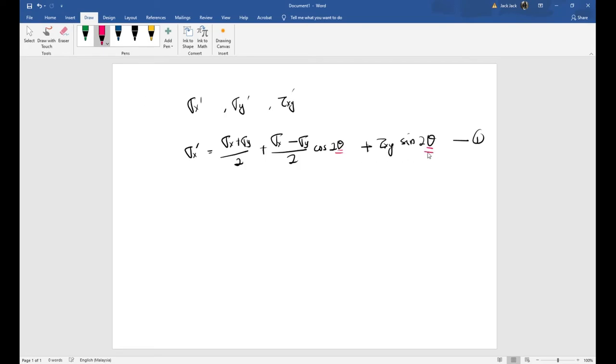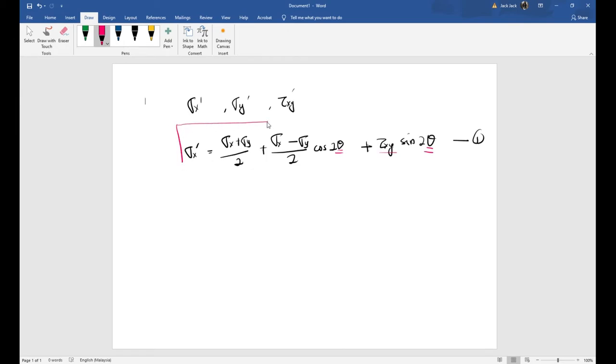You are going to use the given theta, where the theta is given from the measurement of the rotation of the xy axis, and then you simply substitute the initial values of sigma x and sigma y, and also tau xy, and in the end you will get the new value of sigma x prime.